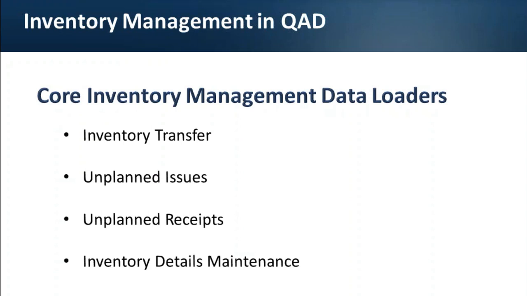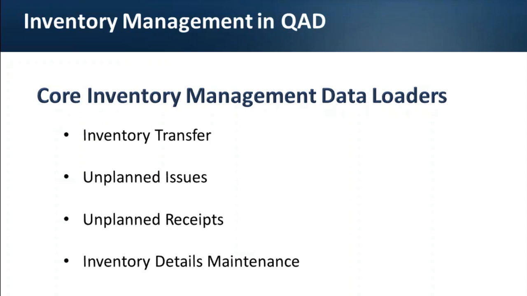Such inventory activities include inventory transfer between locations, issues and receipts that are not related to sales, purchase, or work orders, and maintenance of inventory details such as expiration date, inventory status, or grade. QAD has corresponding functions for all these activities.